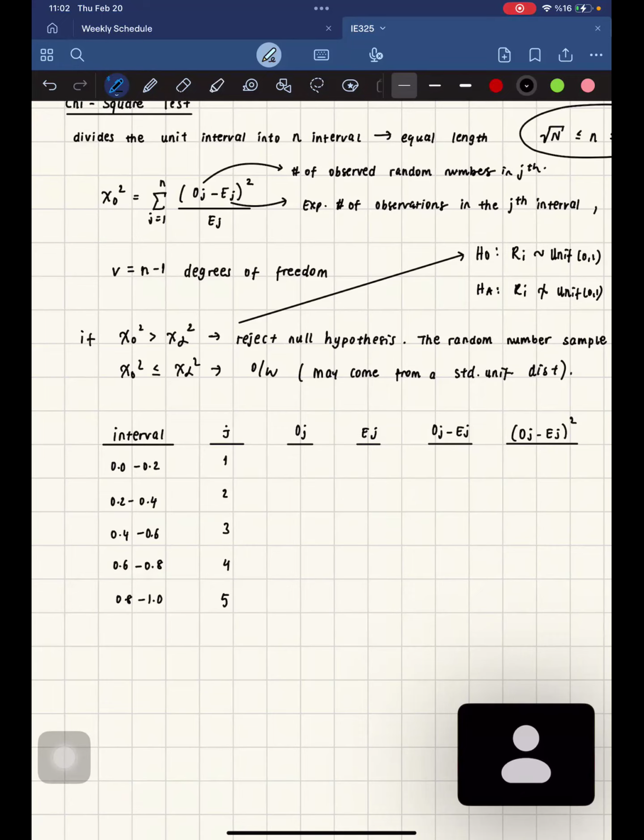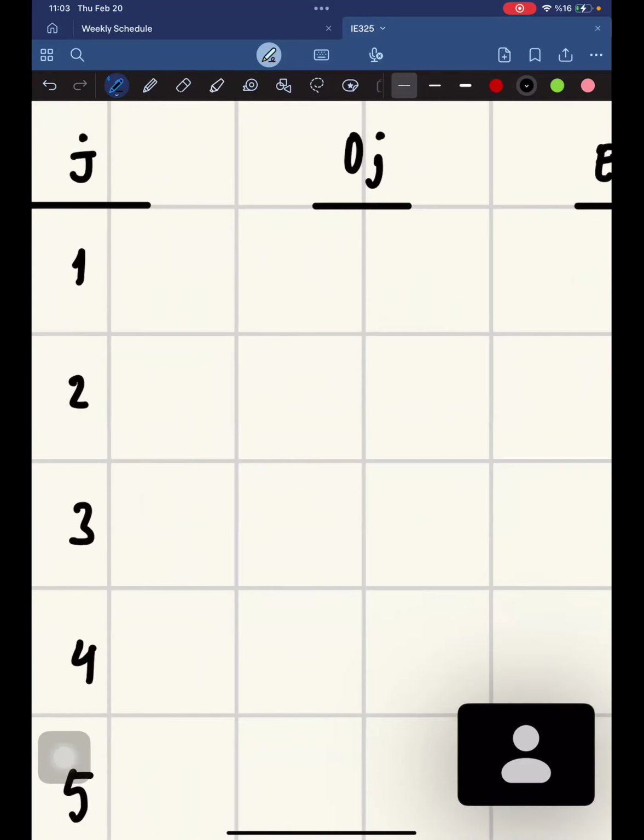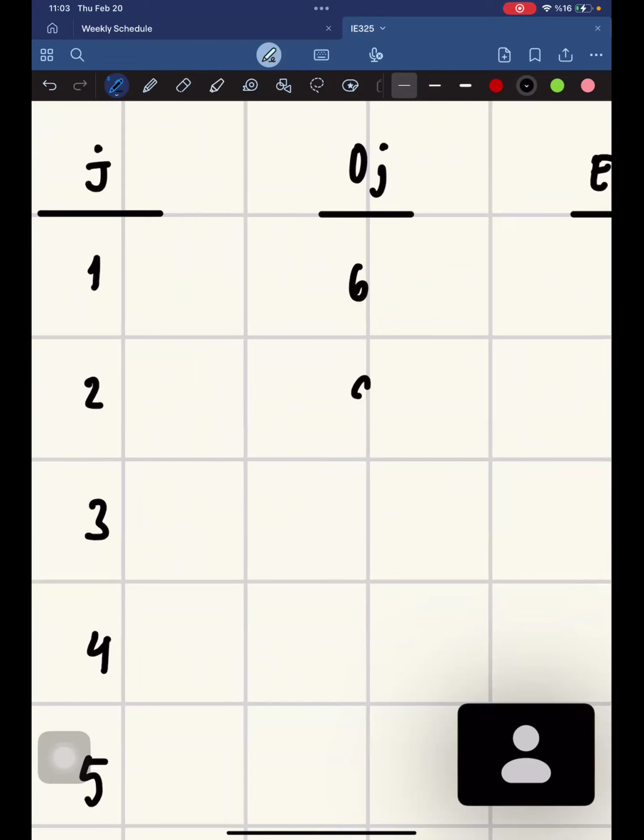For example, 0.07 falls in the interval 0.0 to 0.2, right? We are finding those and writing them.